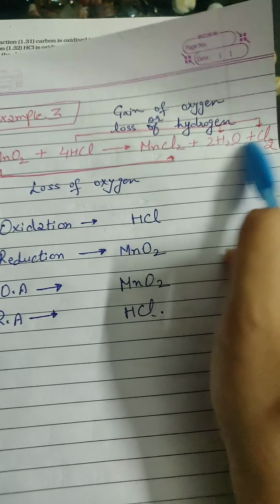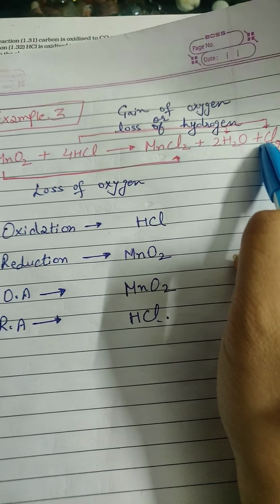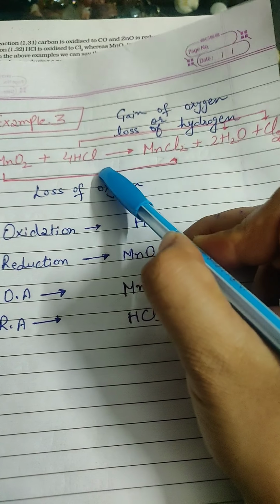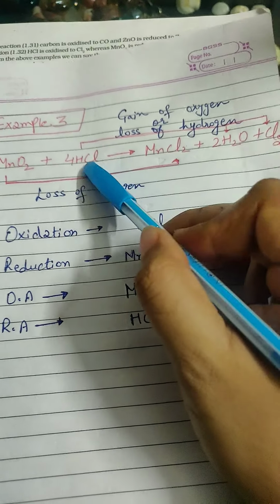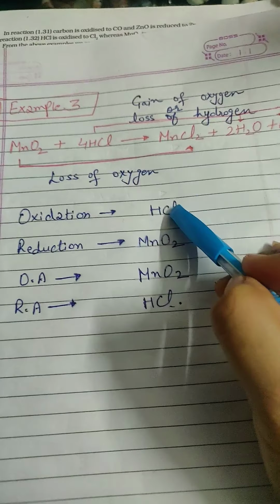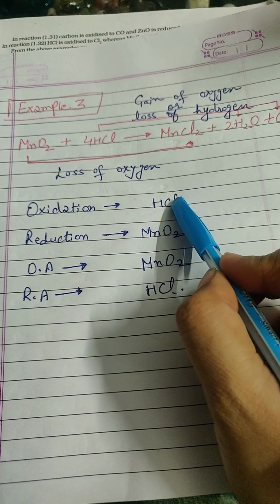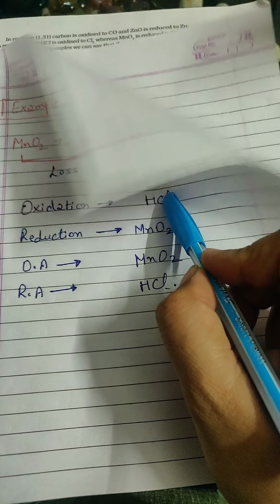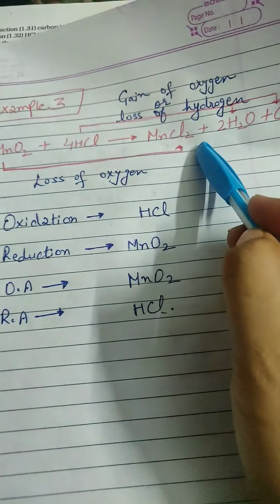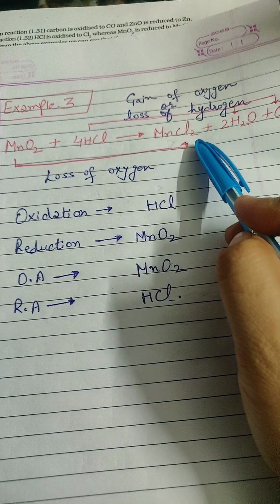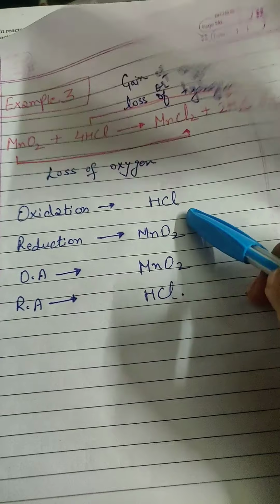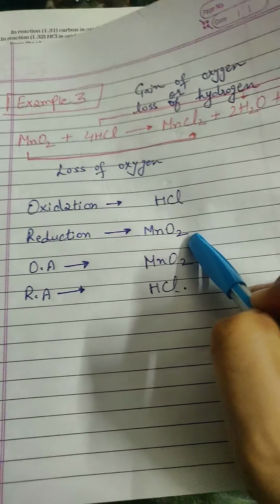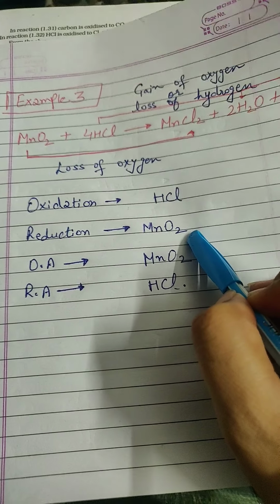So HCl is showing oxidation, whether you consider HCl with water or HCl with chlorine. Manganese dioxide is being converted to manganese chloride by loss of oxygen. So reduction is occurring for manganese dioxide.